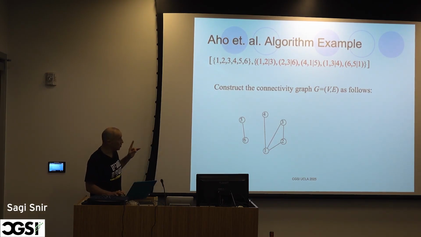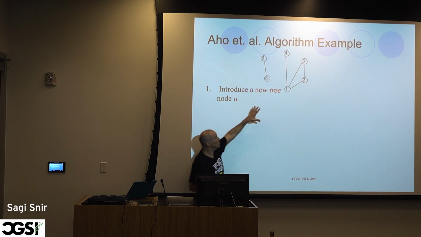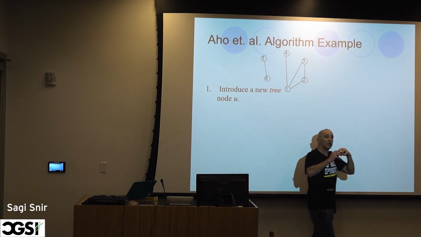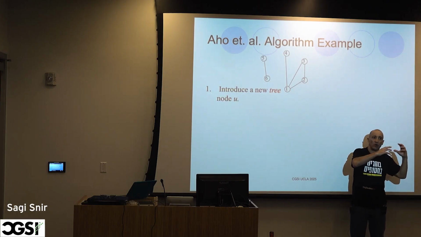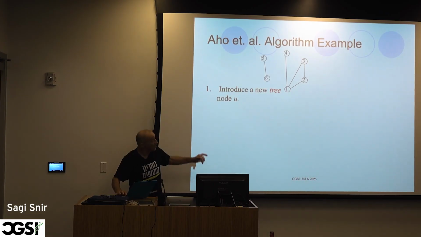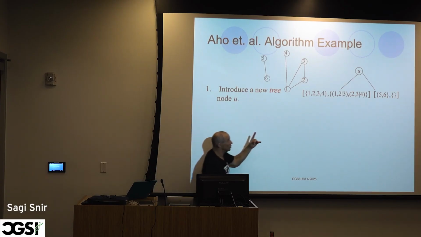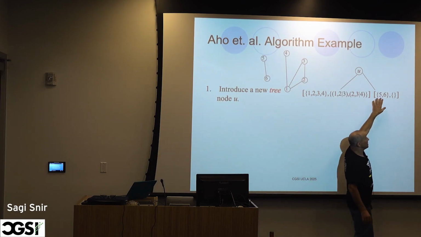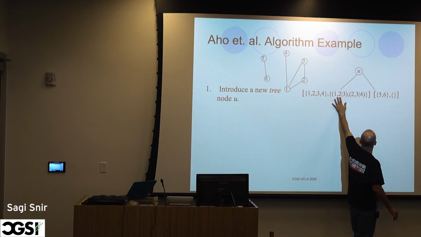Now let's see what we do. While we construct this connectivity graph, we also compose the tree on the other side. So this is the tree. We have a new tree node U, and let's see what we have. We have that connected component from the connectivity graph here, and that connected component.